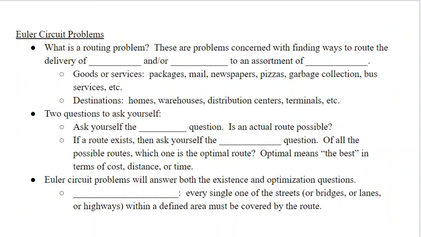So, Euler circuit problems. Our first bullet point here is, what is a routing problem? These are problems concerned with finding ways to route the delivery of goods and services to an assortment of destinations.